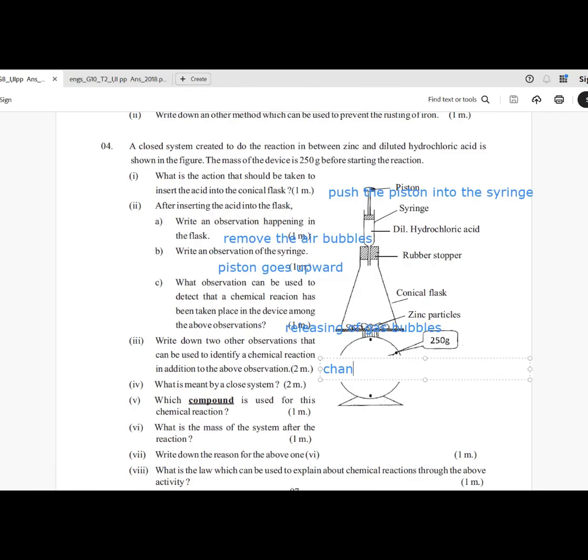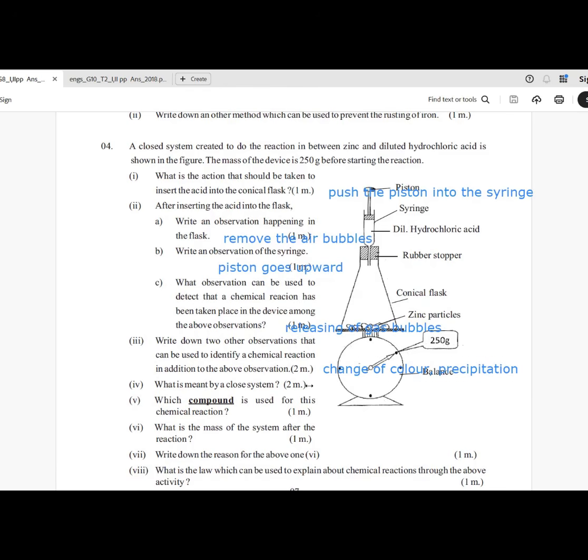Change of color, precipitation. Precipitation means deposition of a solid.